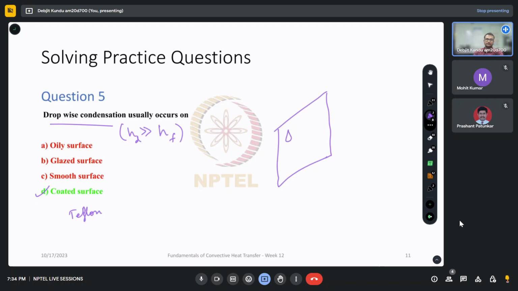And the physical reason for that is if we have drops forming like this, then there is still this bare surface area of the cool solid which is still in contact with the ambient fluid. So more heat transfer can take place through there. Whereas in case of film condensation, there will be a film forming in between the cold surface and the ambient fluid, creating some resistance to the heat transfer between them. So this bare surface area is higher in this case, leading to a higher h.